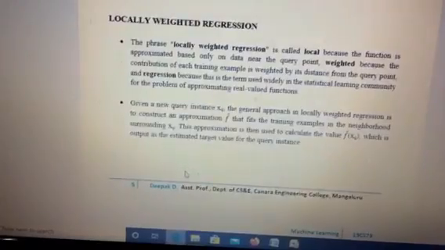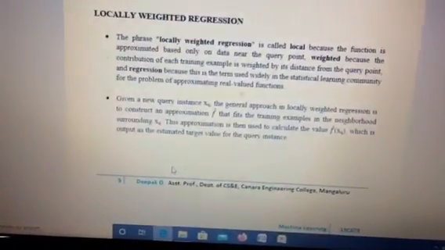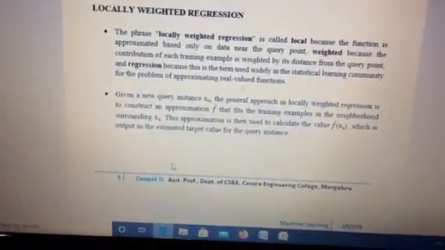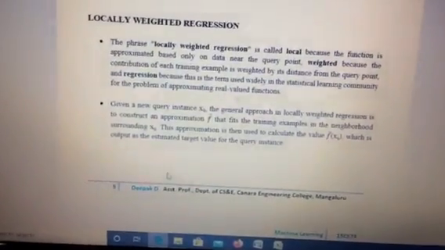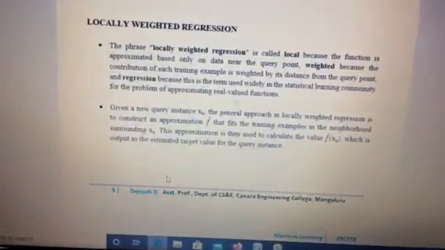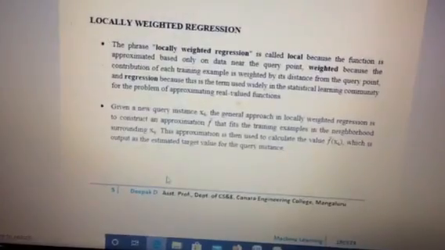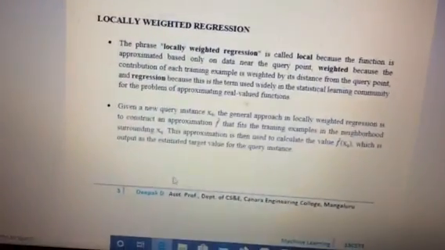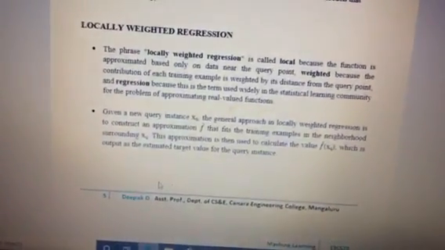The locally weighted regression requires the entire data set every time you try to make a prediction, making it more computationally expensive compared to a simple linear regression.